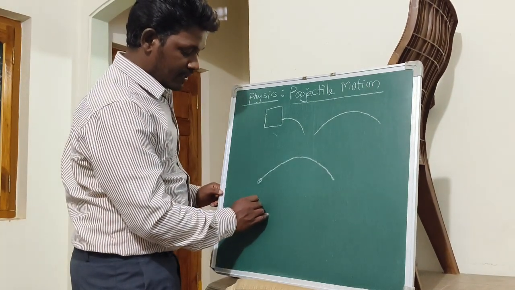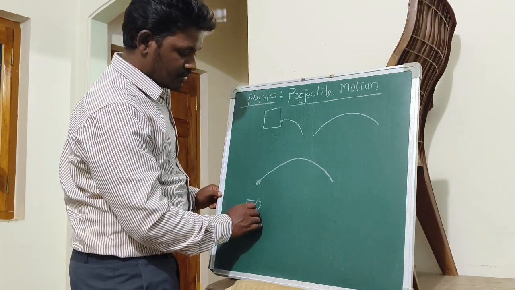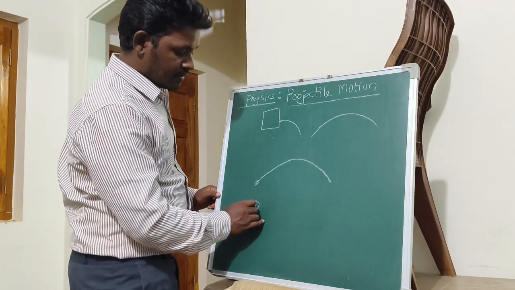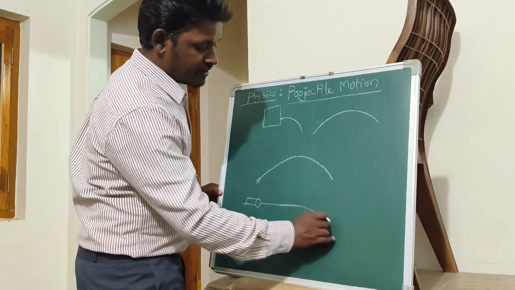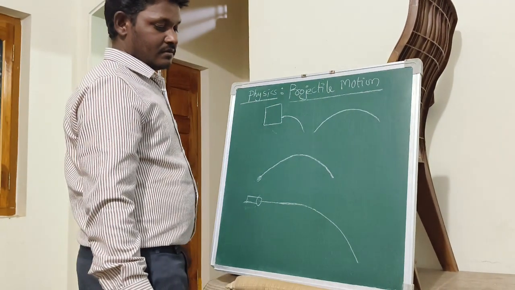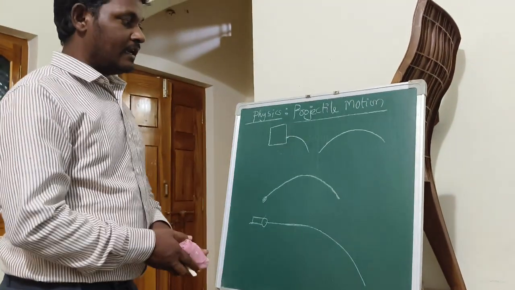If we fire a bullet from a gun, the bullet's motion is called projectile motion. These are the examples in daily life.